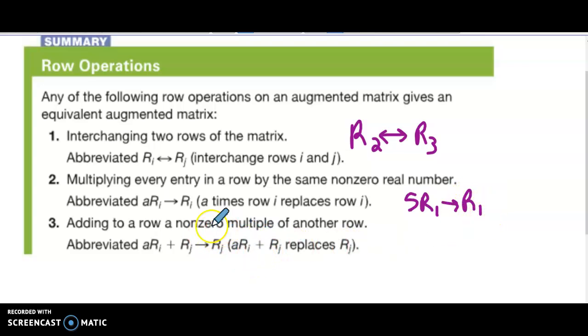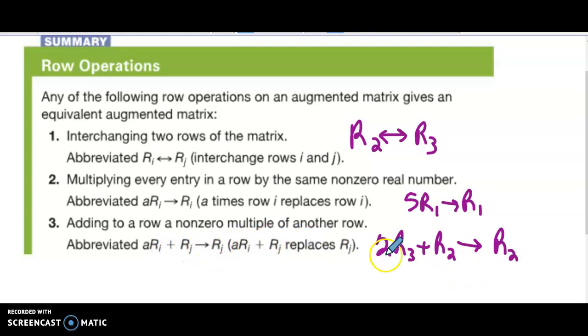Again, you understand this better when we get to actually doing an example. We're allowed to add to a row a non-zero multiple of another row. So in other words, I could take 2 times row 3, add it to row 2, and that would be my new row 2.